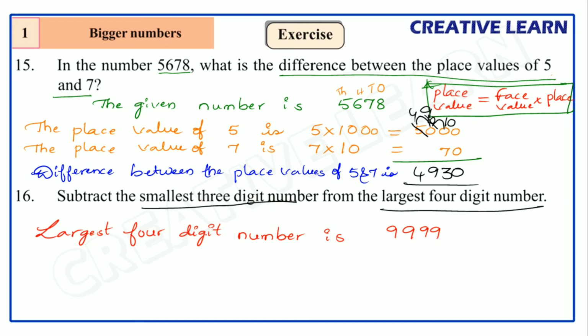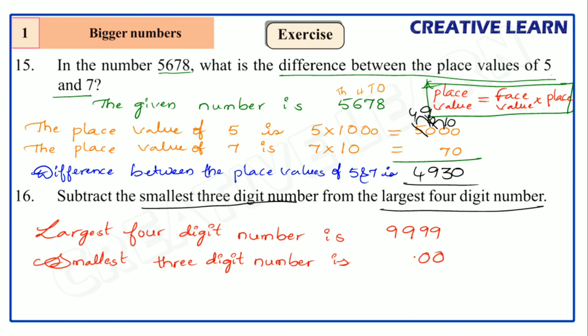Now the smallest 3-digit number. The smallest 3-digit number means ones place 0, tens place 0.